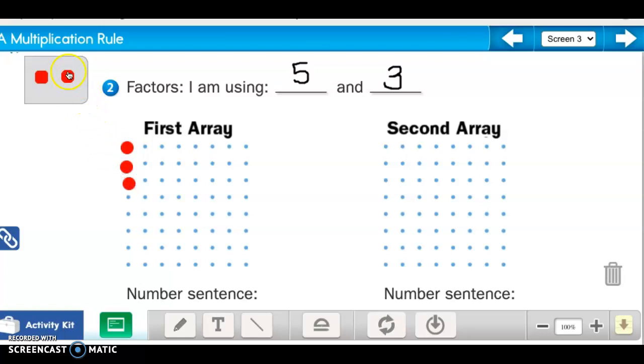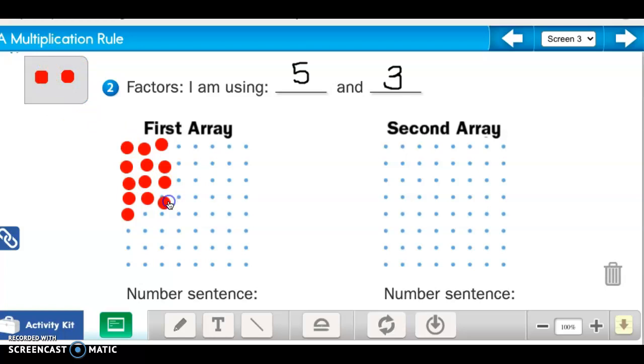1, 2, 3, 4, 5. And we're going to put 3 in each row. 1, 2, 3. 1, 2, 3. 1, 2, 3. Oops, leave that there. 1, 2, and 3.